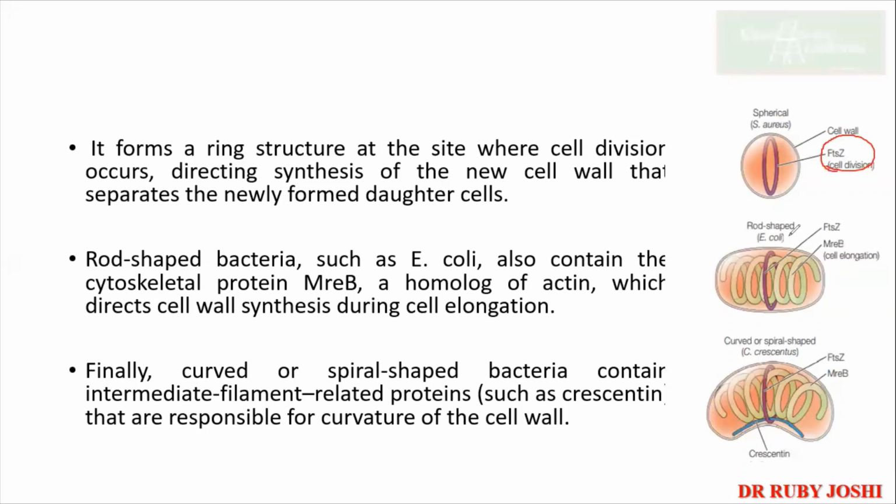In the case of rod shape, it is FtsZ and MreB. Now, if it is a spiral shape, then you have another protein called crescentin. All these are responsible for bringing the shape in the respective bacteria.